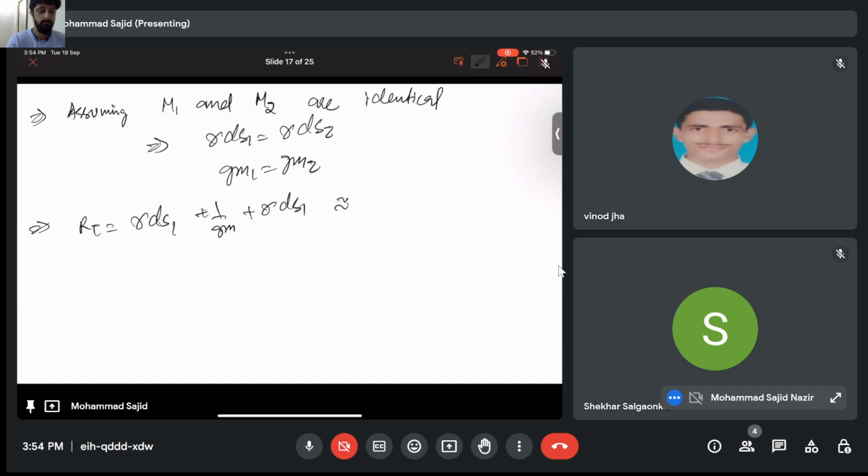So I can write approximately as 2 times RDS1 because RDS1 is very much greater than 1 by GM.